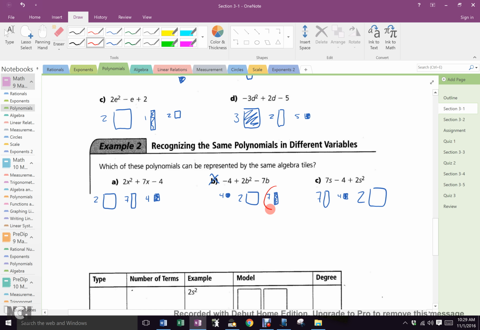Different. Everybody with me? So these guys, even though they have different letters, are the same tiles. Is everybody cool with that? Okay.